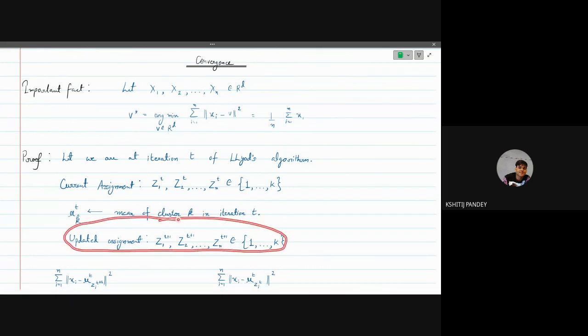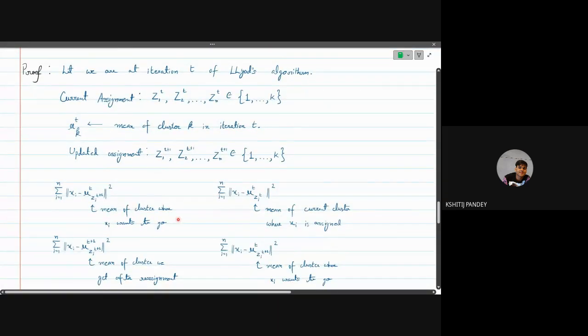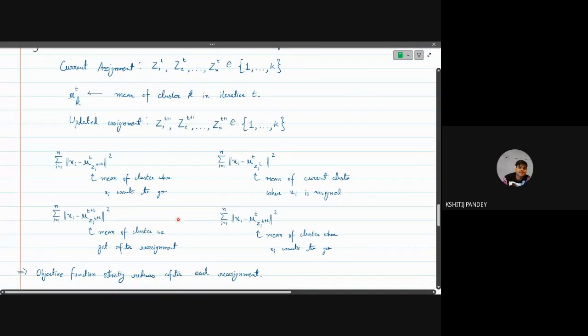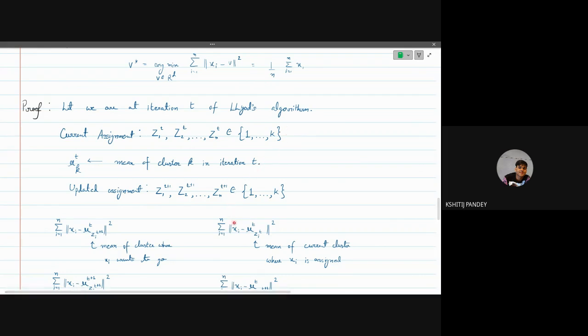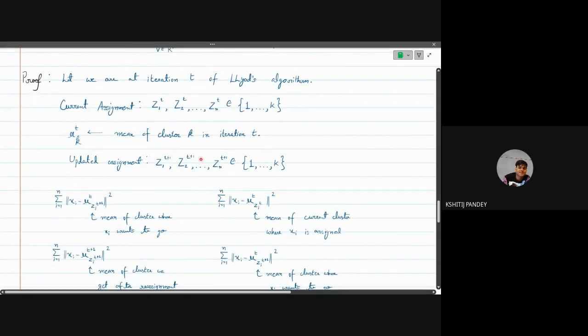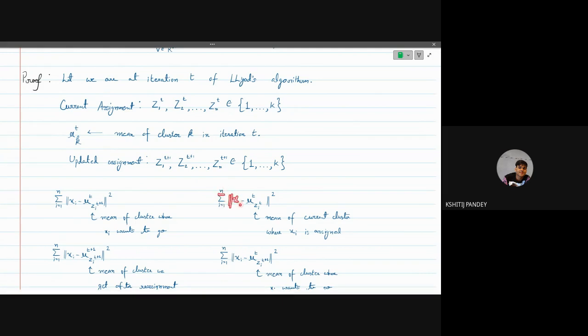Now we'll talk about a few values of the objective function. First of all, when we are at the tth iteration, the objective function value is the summation over i from 1 to n of the norm squared of the distance between xi and the mean of the current cluster where xi is assigned.